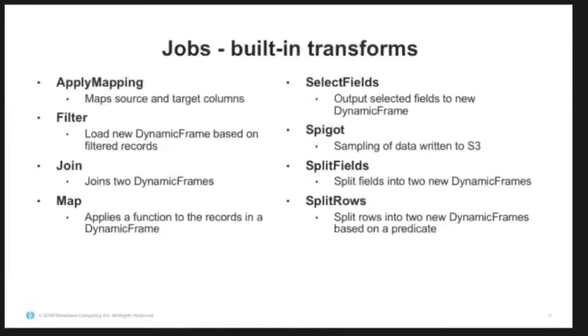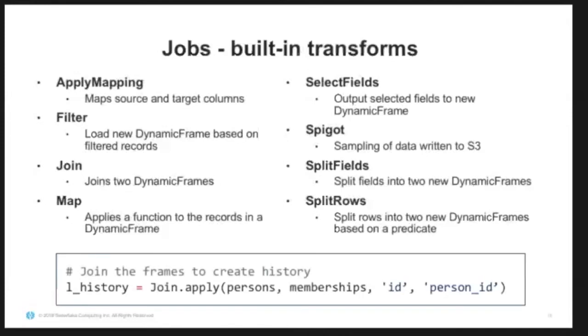There's a lot more out there you can have a look at. And it's a very simple syntax. So in this case, we're just joining persons to memberships on those two columns. And that's using the dynamic frames and the actual built-in transform there.